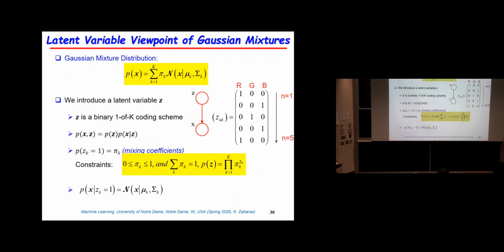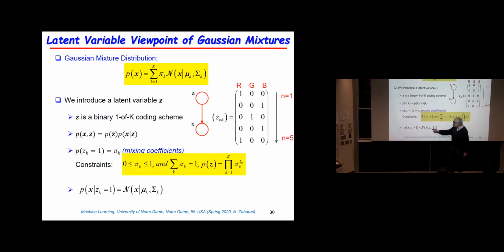So what I'm going to do is, I already told you that I have a conditional distribution of p of x given z. So look at this equation on the bottom and see if you understand it. According to my definition, zk equal to 1 means what? That the point x comes from the Gaussian 1. All right?